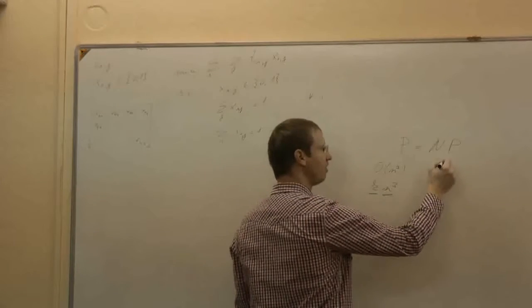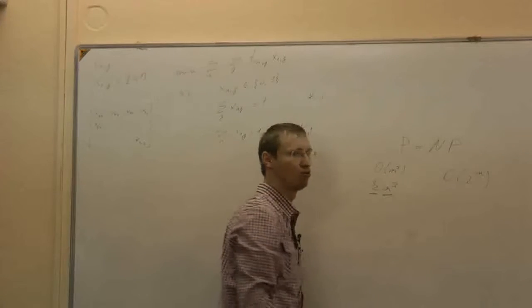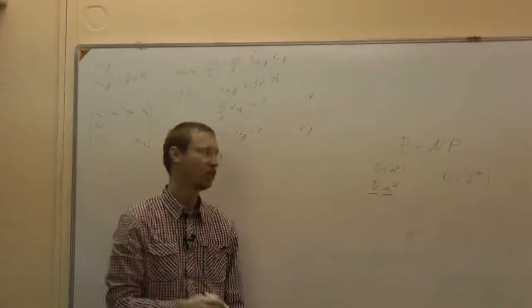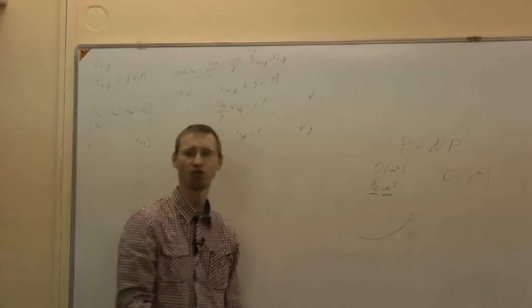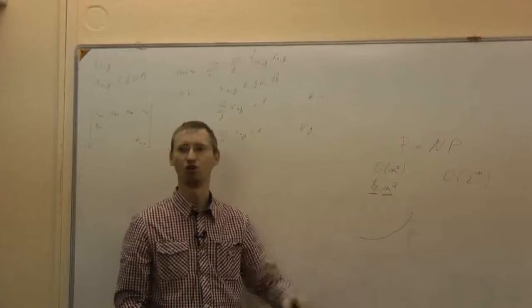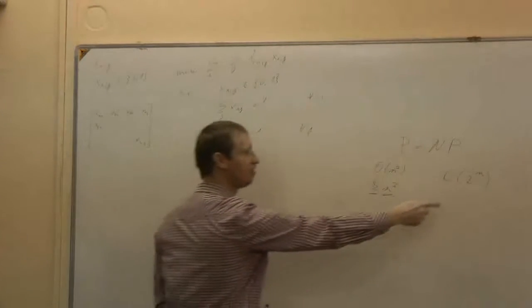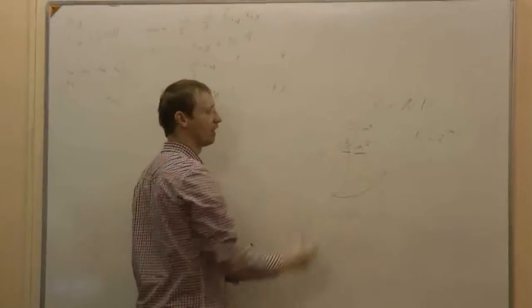The complexity of these NP problems very often is 2 to the power of n. This is not a polynomial dependence. Essentially, a polynomial dependence means that as your problem grows, the time also grows, but not as much as it would with these kinds of algorithms. Essentially, 2 to the power of n scales like this.